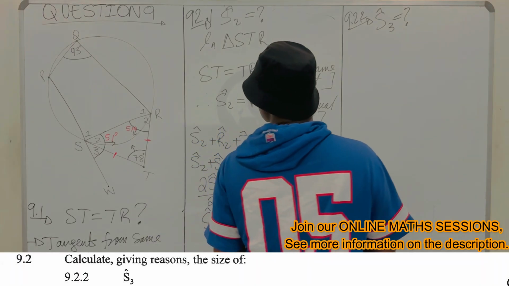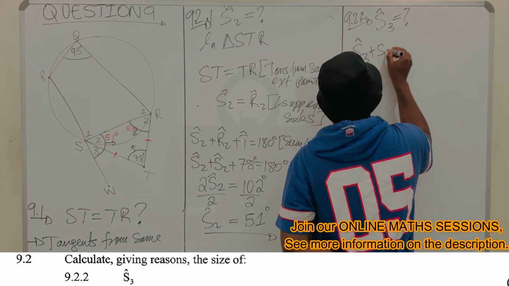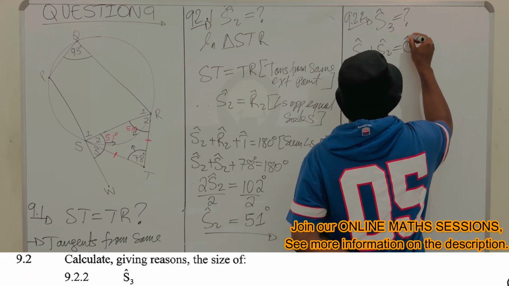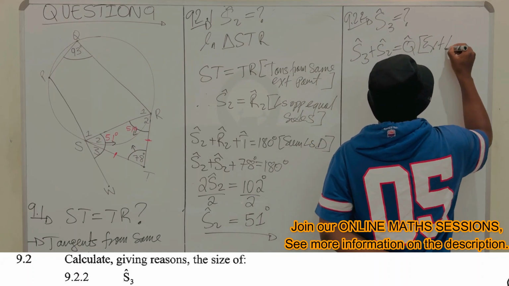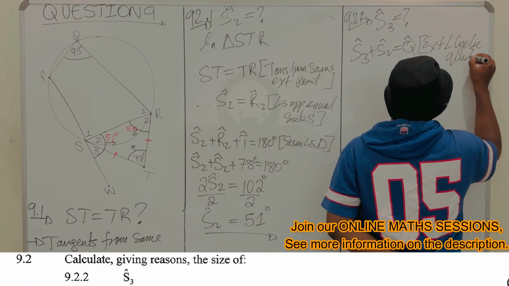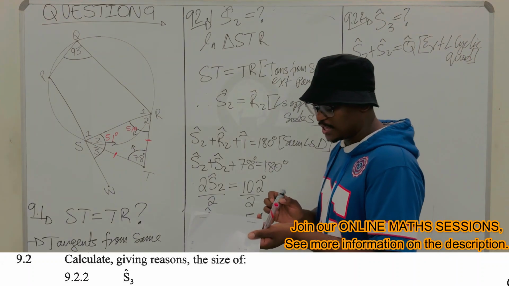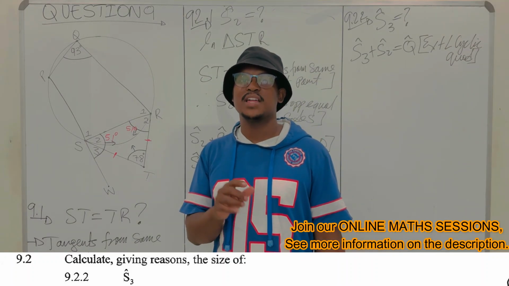So in this case, we can say angle S3 plus angle S2 gives us angle Q, because these are exterior angles of a cyclic quadrilateral. Like I taught in the bad actions, an exterior angle of a cyclic quadrilateral is equal to the interior opposite angle.